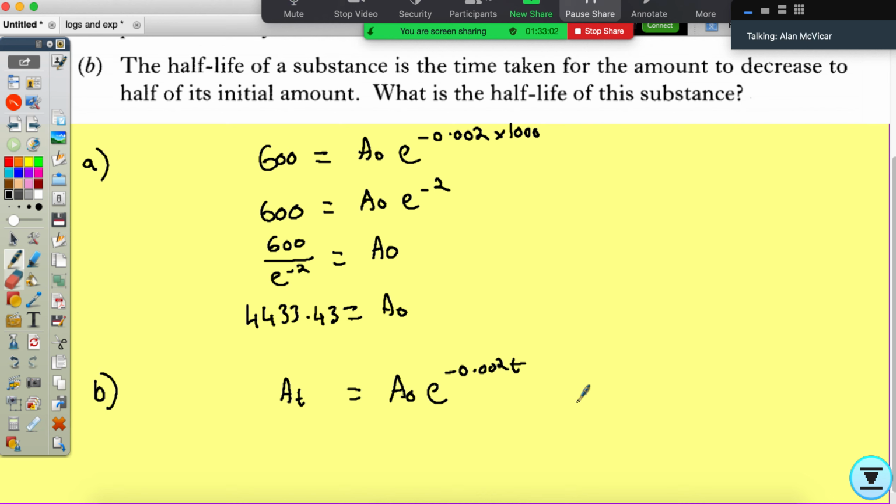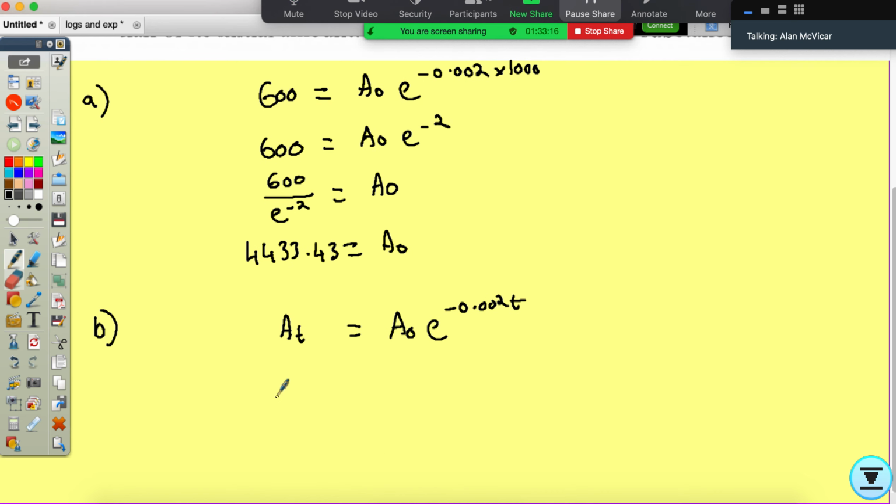So just like in that graphs question at the start, I now know the exact formula for this substance, right? That is, the A_0 is 4,433.43 or 4,433.4, depending if they want it to 1 decimal place or 2 decimal places. I gave that to 2 decimal places.